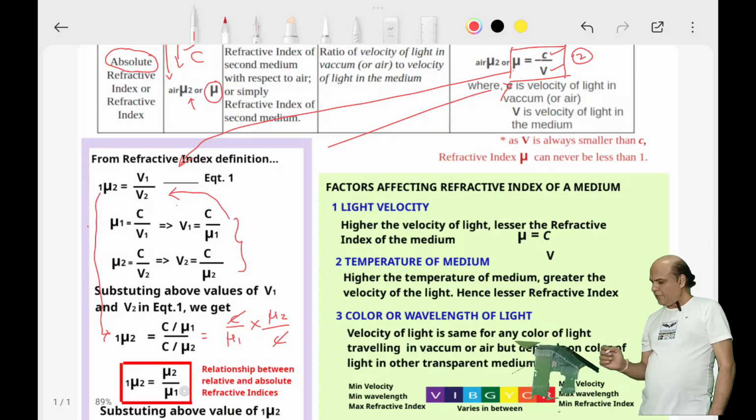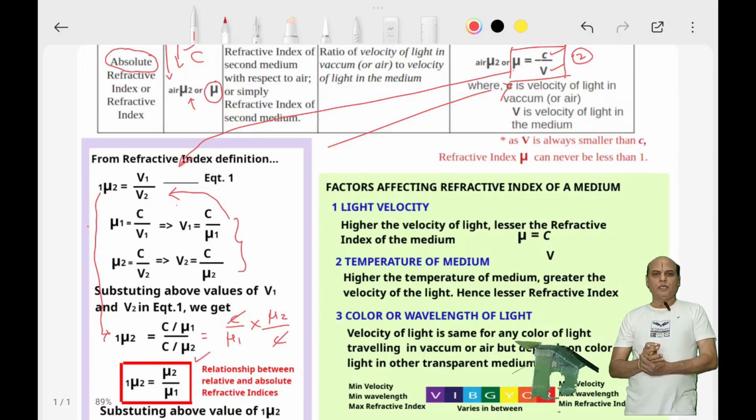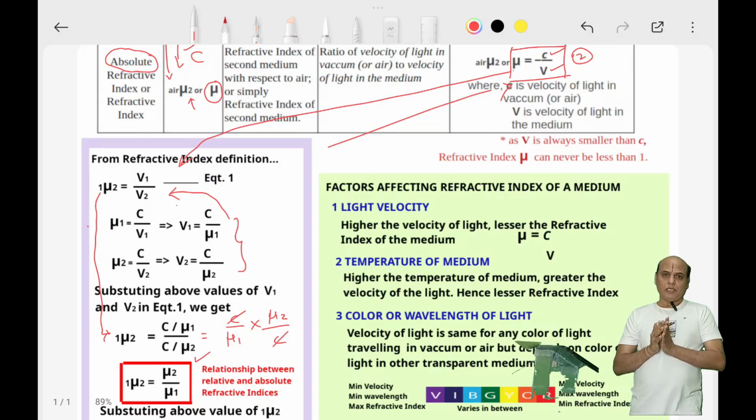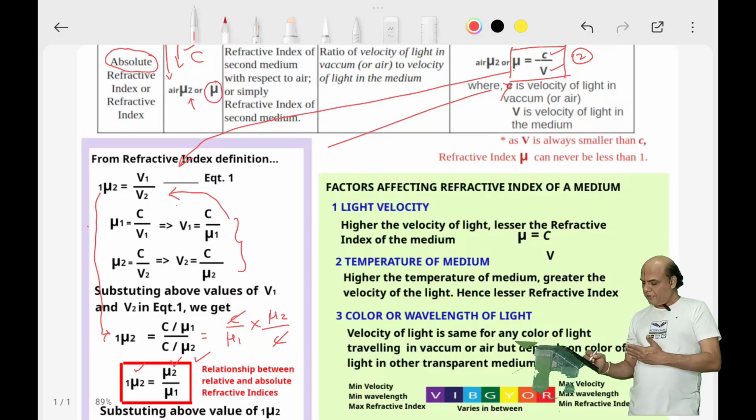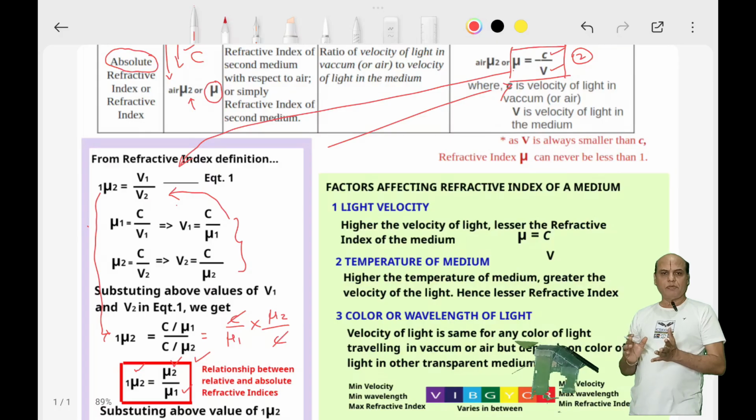So this is the relationship between absolute refractive index and relative refractive indices. What does that mean? If I have the refractive index of medium 2 with respect to medium 1, the absolute refractive index of medium 2, and the absolute refractive index of medium 1, then what is the relationship between them?